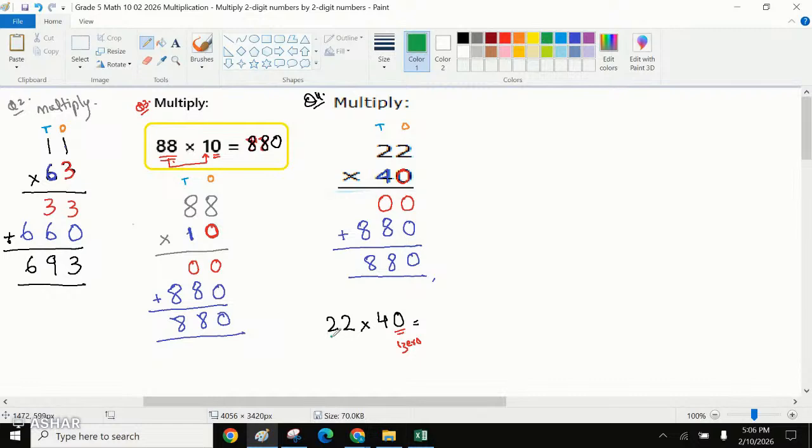And if we multiply 22 multiplied by 4, 4 times 2 is 8. That means 88. And since there was 1 zero, we simply put 1 zero. We can still find the answer because one number was ending with a 0. Right?